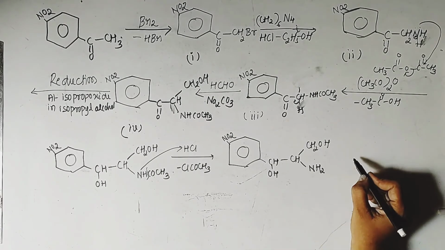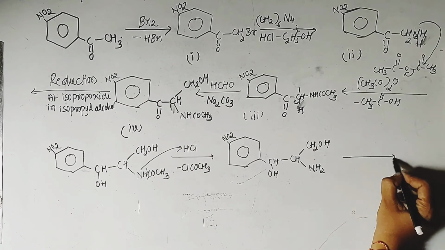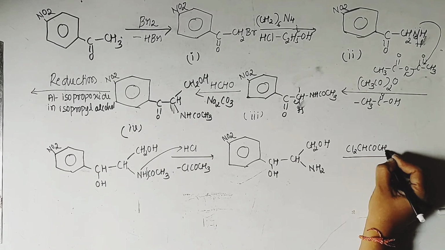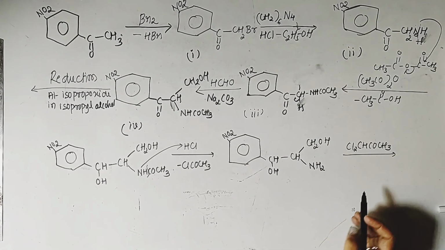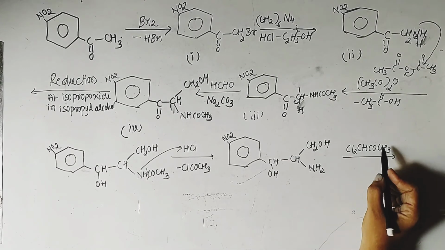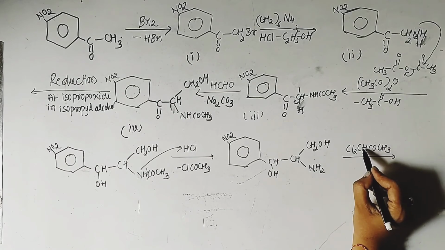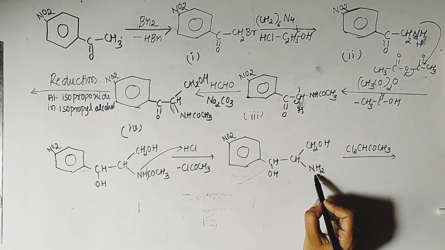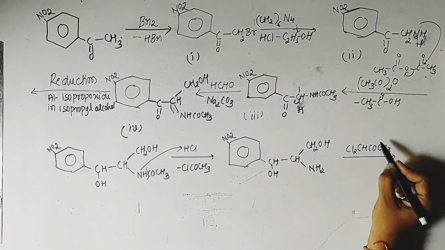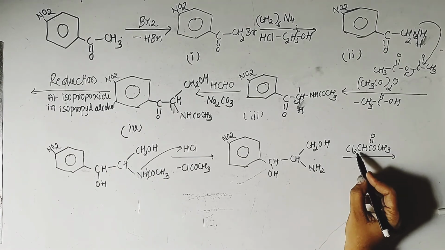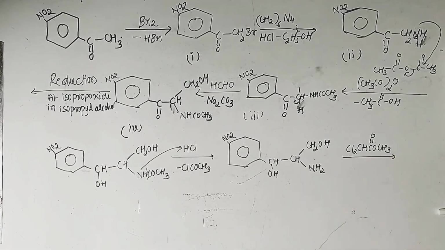So for that we are using Cl2CHCOOCH3, that is dichloroacetic acid derivative. During this reaction, see this part, that is CHCOCl, this part will attach to this amine group. So here the two parts are there. So I will write, this is Cl2CHCOOCH3.